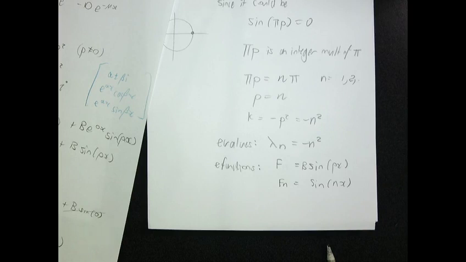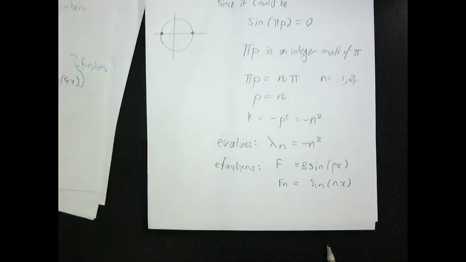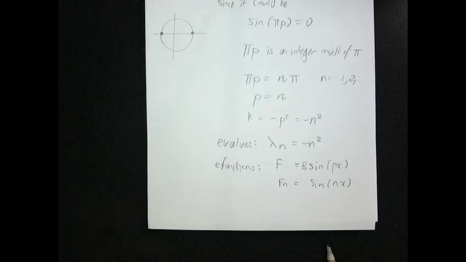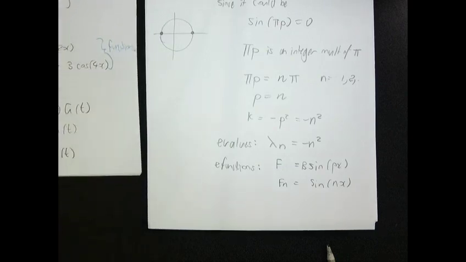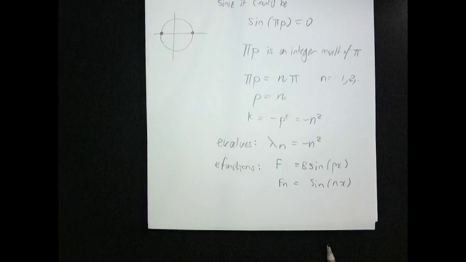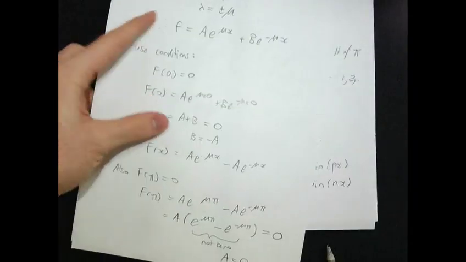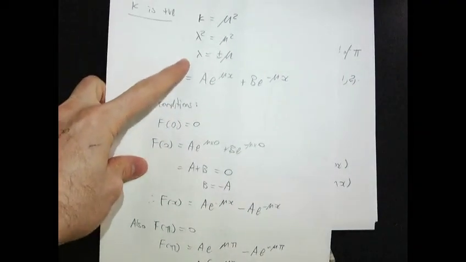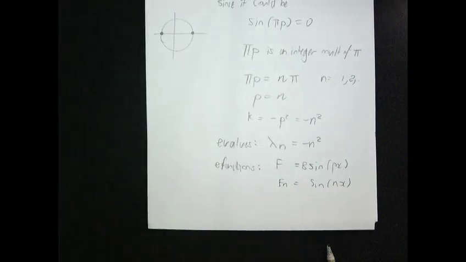With the eigenvalues lambda n, is it lambda n equals k or something like that? That's interesting. I should go back to that. Just a second. You're right. No, the k is the lambda. This is why this is all confusing, because we're using lambda to mean two different things.